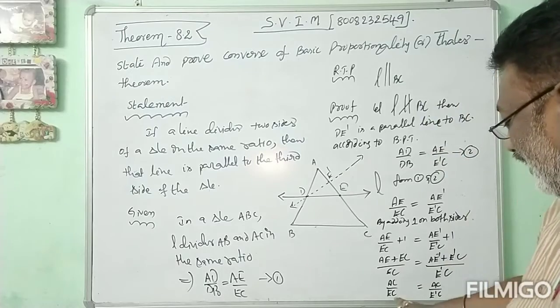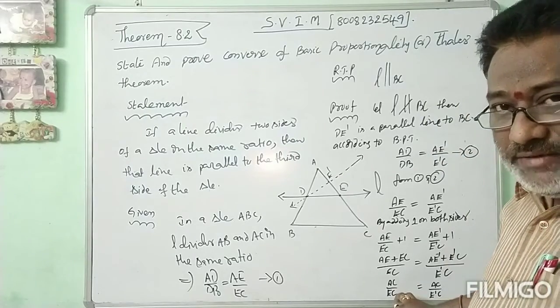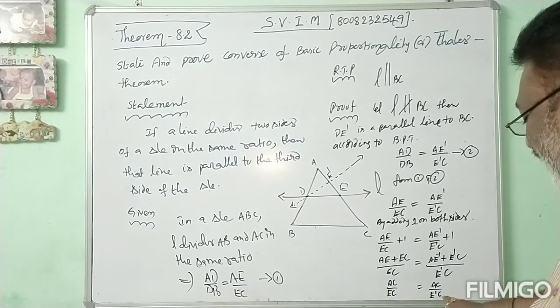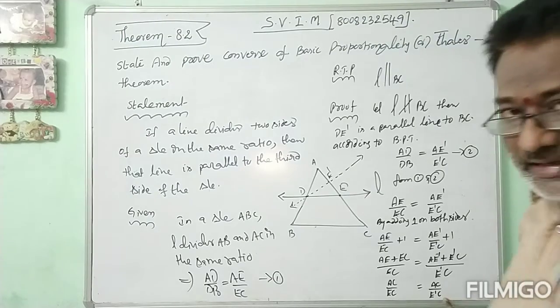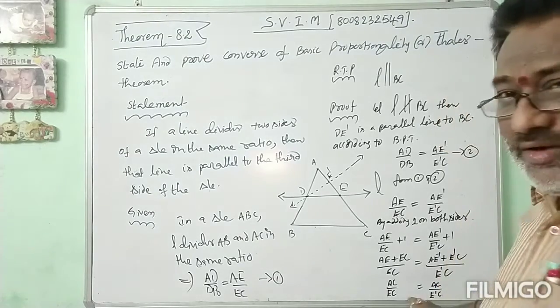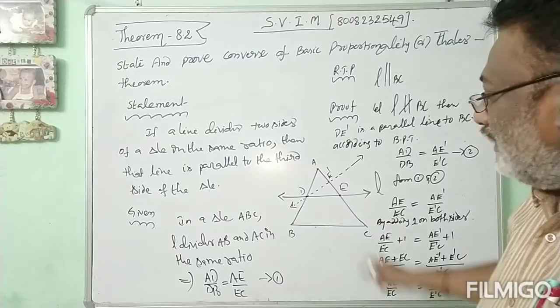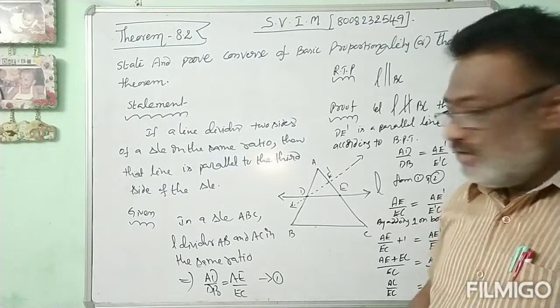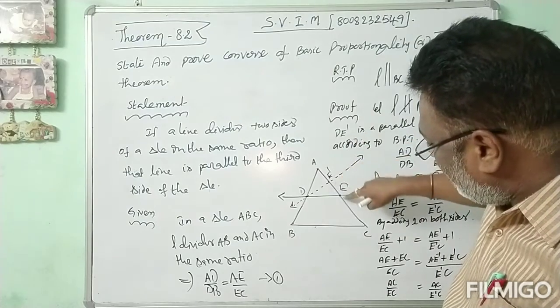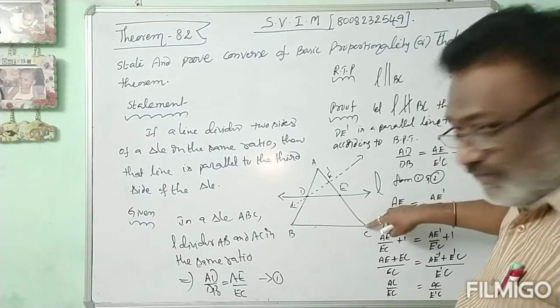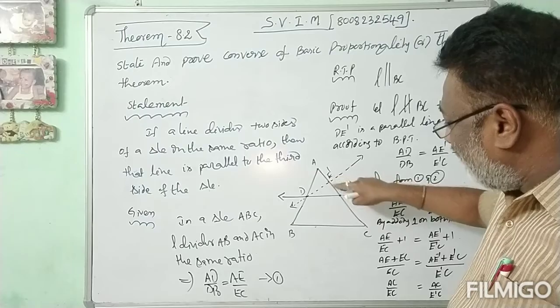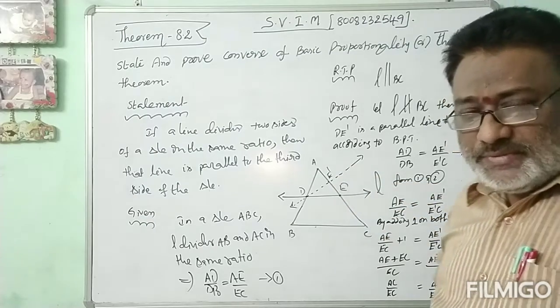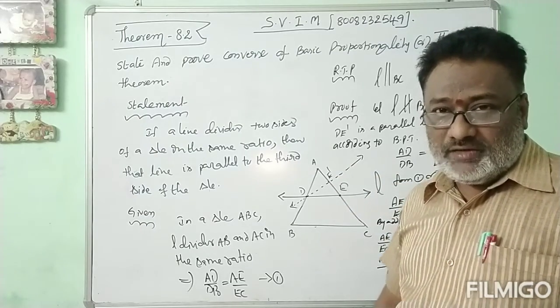But if you observe their respective denominators, EC is equal to E dash C, like in that way you are getting. So you need to check yourself in the figure whether EC is equal to E dash C or not. EC is nothing but this part, and E dash C is nothing but this part. Is it possible? No, it is not possible.